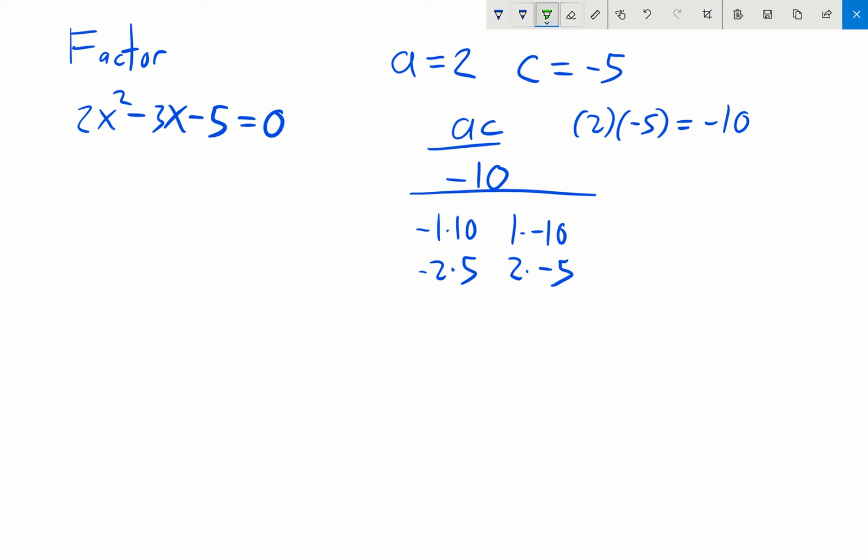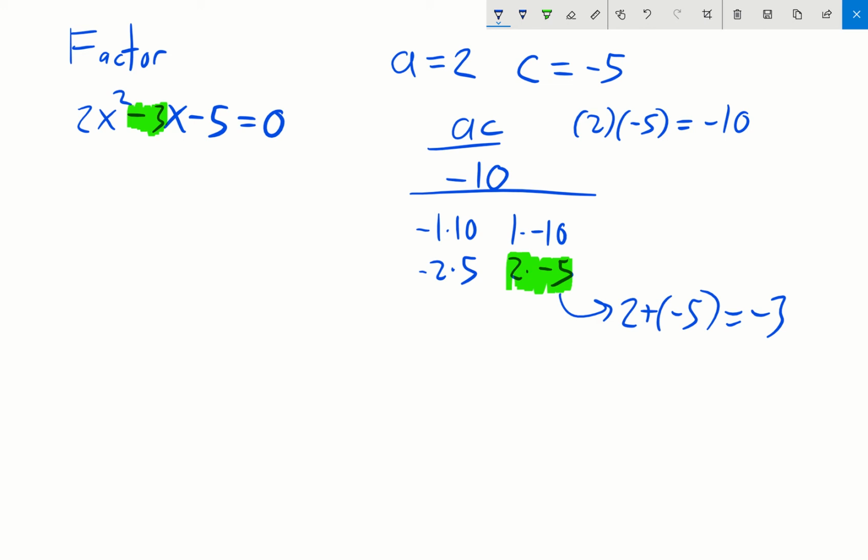We now need to choose the combination that will add to give us the middle coefficient. The combination that multiplies to give negative 10 but adds to give negative 3 should be this combination right here, a positive 2 and a negative 5. 2 plus negative 5 gives us the negative 3 that we want.